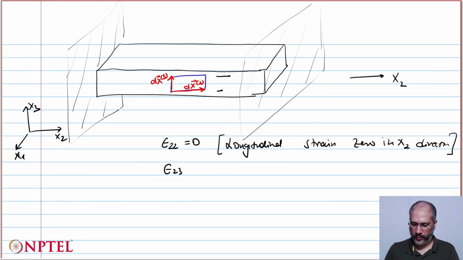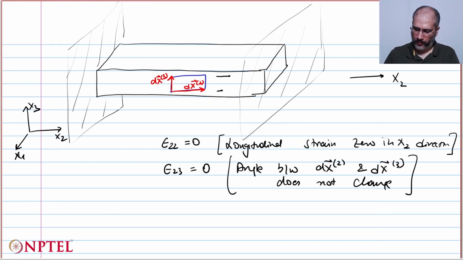So that means that epsilon 23 is also 0. And with the same logic, we can say that epsilon 13 is also 0. So we see that for this constrained situation, we have a plane strain situation.